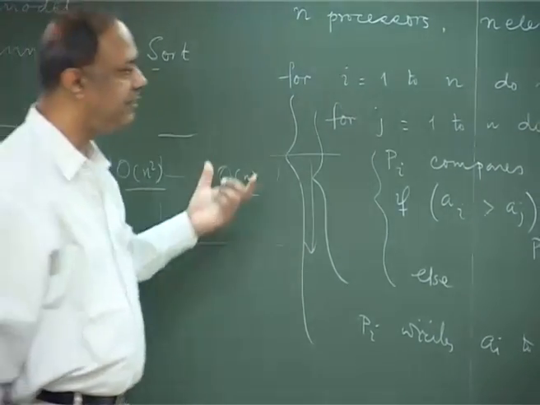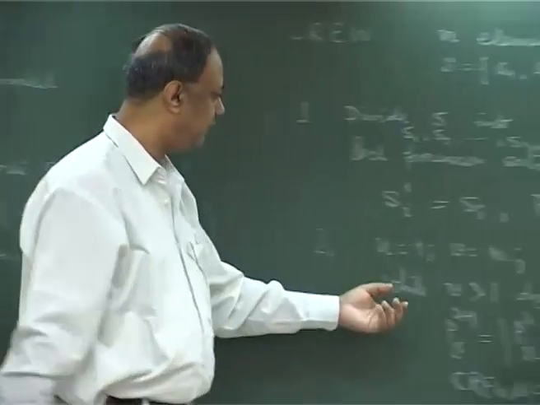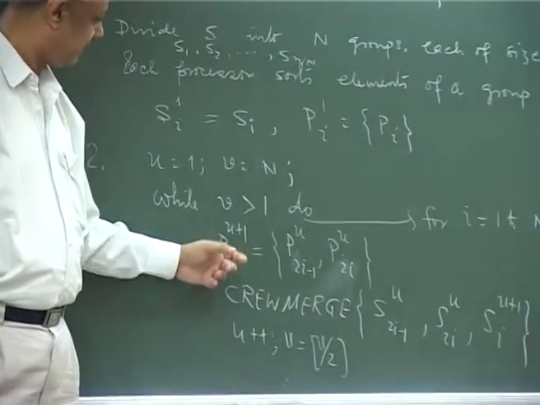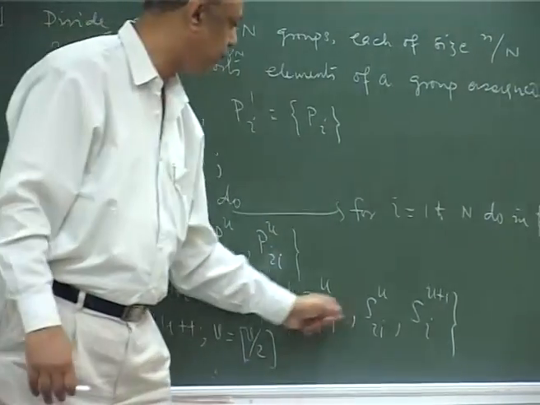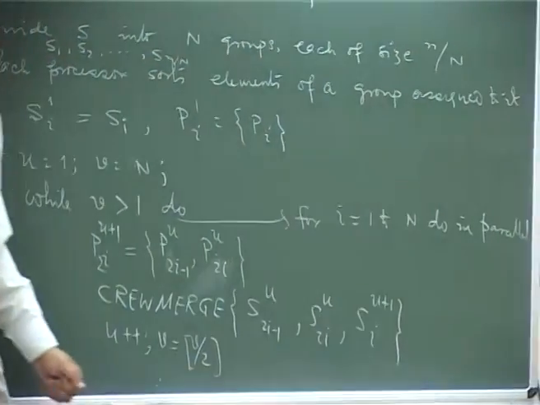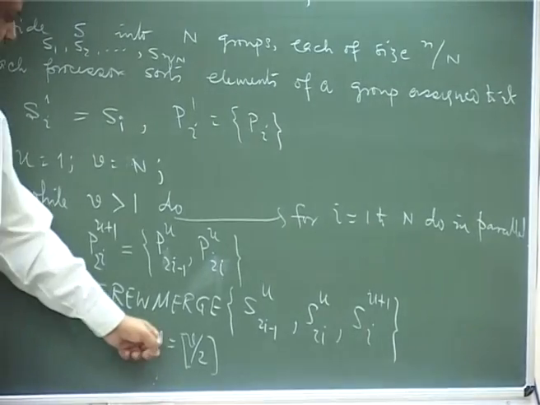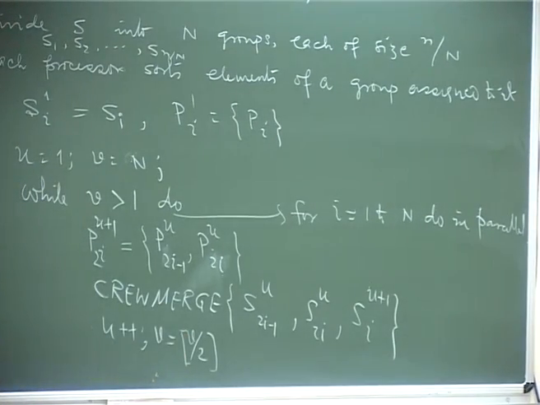Agreed? So if it is not divisible by 2, you just have to write one line that this is as it is, and instead of merging, this will just be transmitted to this. Nothing else. And u is increased by 1, v is decreased by 2. So this is your algorithm. Agreed? Any confusion at this stage, please let me know.